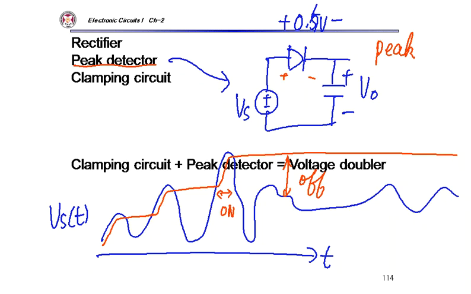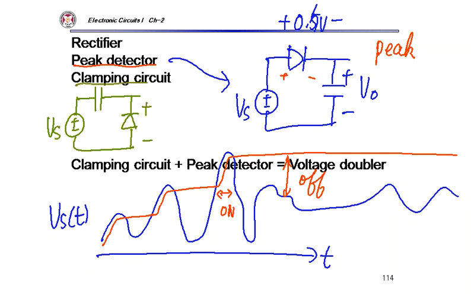What was the clamping circuit? If I change the location of the capacitor and this diode, see, this is my input, and if I have something like that, this is my clamping circuit.